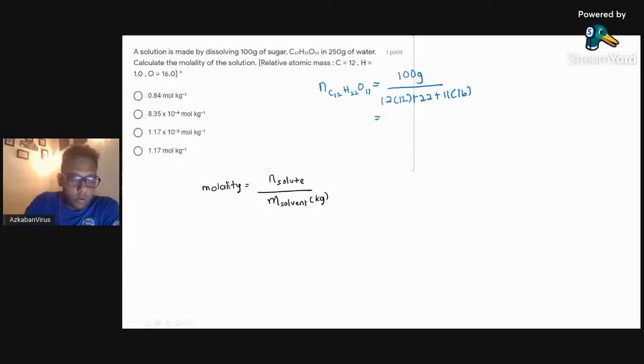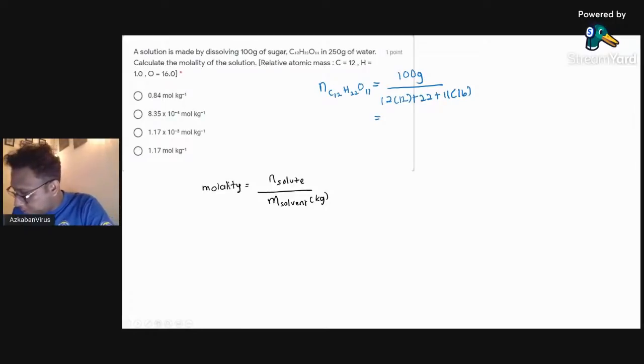This is equal to 342, which gives 0.2924 mol. Once you have the mol, the next thing is to calculate the molality.